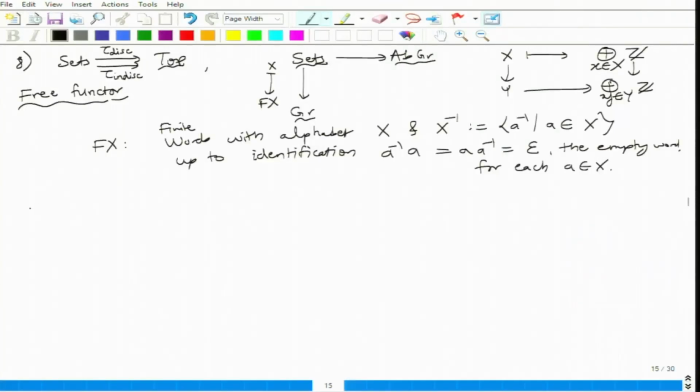Okay, so now let's look at some more examples of this kind. What about sets to preorders? Can every set be equipped with a preorder relation?